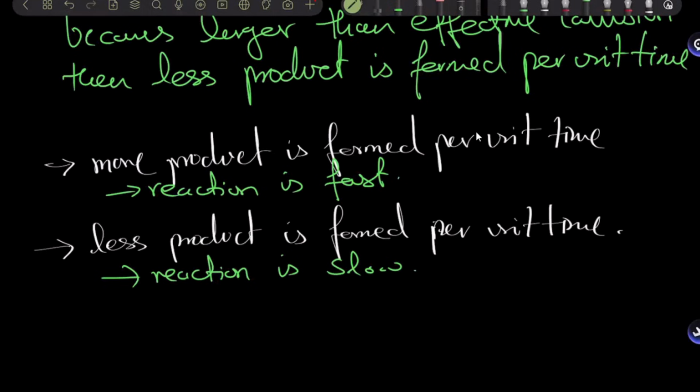So if in a reaction more reactants are consumed per unit time, that still means the reaction is fast, because those reactants will be converting into product. And if less reactants are reacting to form product per unit time, less reactants are consumed per unit time. What does that mean? You'll get less product per unit time, and that means the reaction rate is slow. Is that correct?